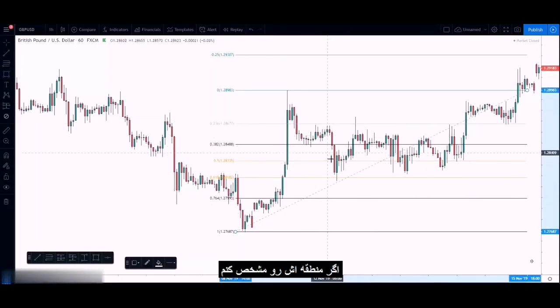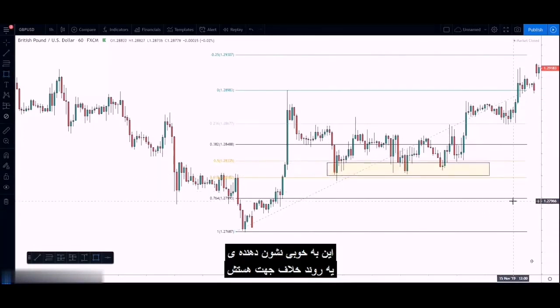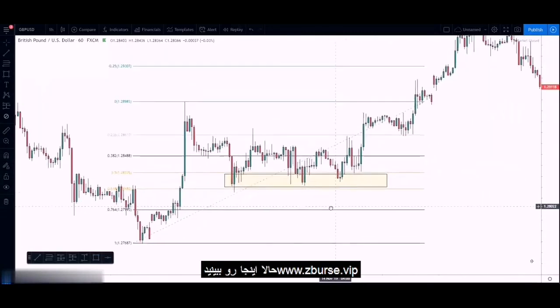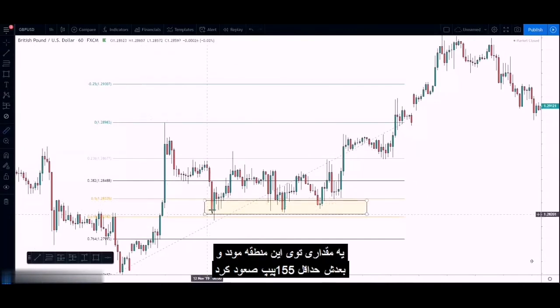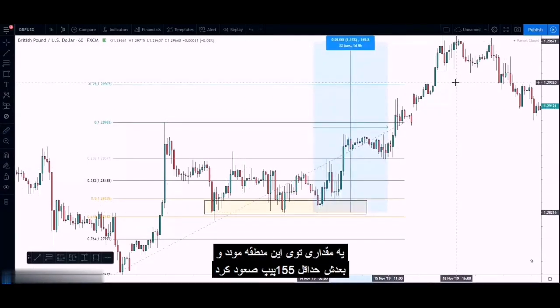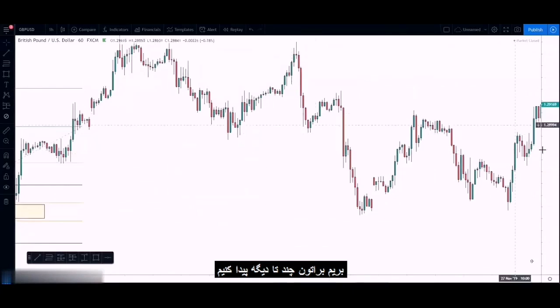If I mark this zone up, you're going to see the rejections all across this. This is a huge sign of this reversal. So watch this. Boom! It played in this zone for a little bit and shot up for a major 145 pips minimum. So, let's go find you some other ones.